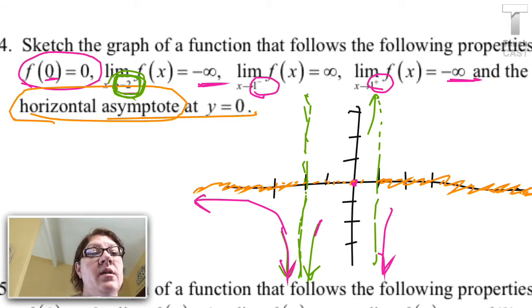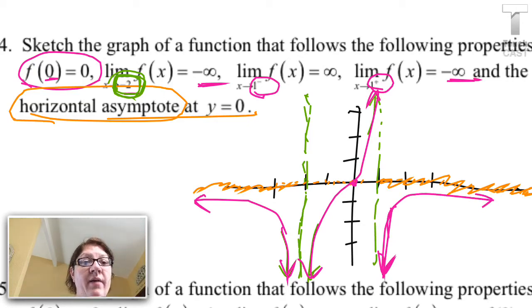And here I was going to negative infinity, and then I have to come up and I have to hit 0, because that was one of the dots. And then I was going to positive infinity. And then here I was going to negative infinity, but as I come up, can't cross the horizontal. So my mystery graph looks like that. Isn't that cool? I love these. They're like a puzzle. Okay, on to the next one.